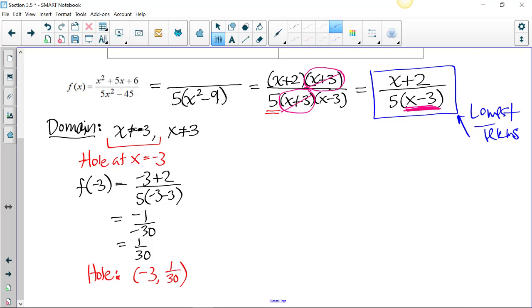So that tells me then that at x equals 3, at this discontinuity, I have a vertical asymptote. And it's a vertical line, x equals 3, and it crosses the x-axis at 3. Okay, so two discontinuities, one's removable, one is not. And then we go about doing all the rest of the good stuff to graph it.